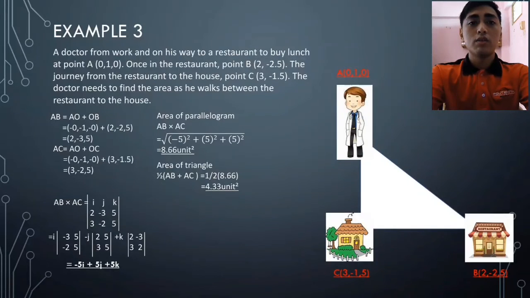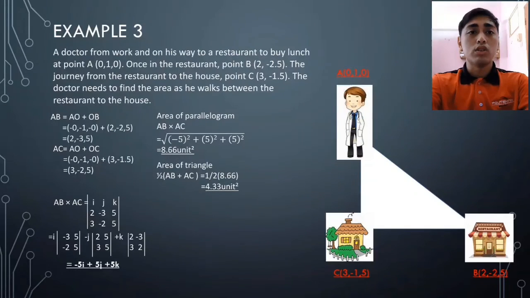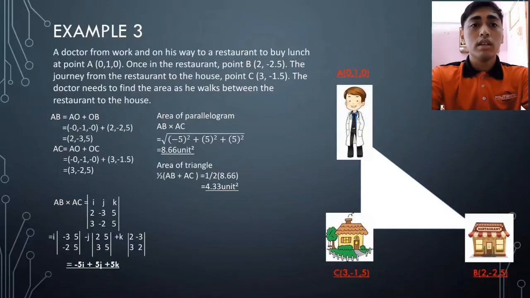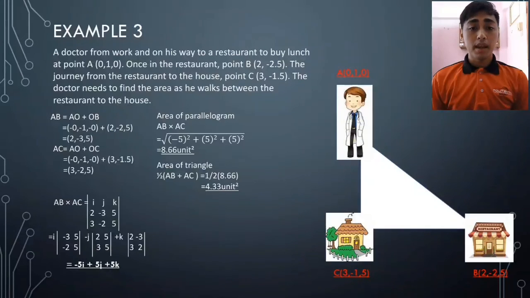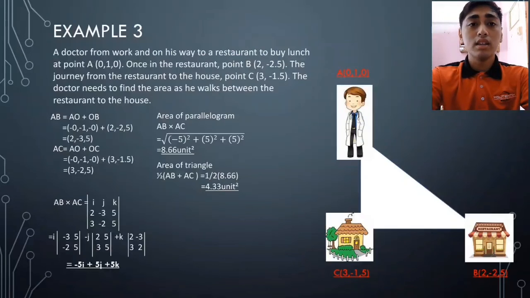After that, we need to write AC equals AO plus OC, equals, in parentheses, 0, -1, 0, plus, in parentheses, 3, -1, 5. And then when we calculate it, we get, in parentheses, 3, -2, 5.